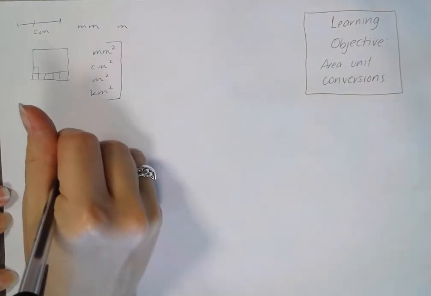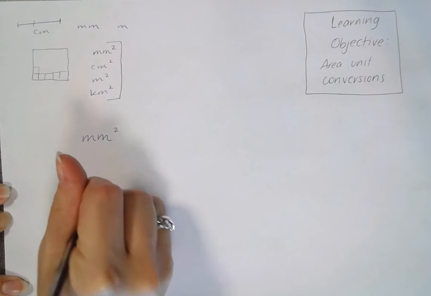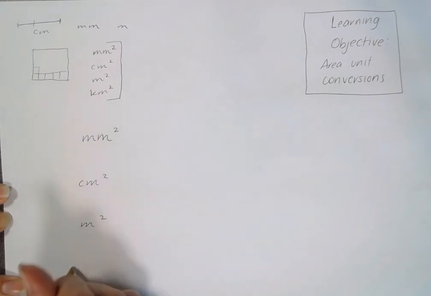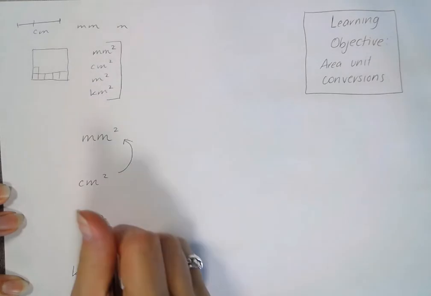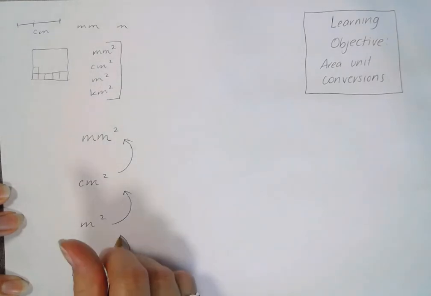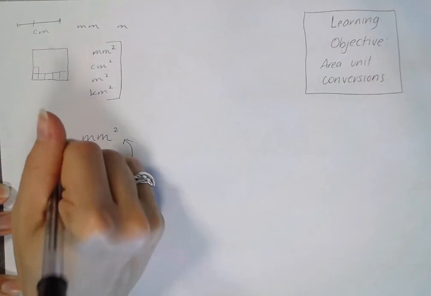Alright, so if we're going to be converting between all of our different units, we have to have one of our little tables again, and we have to think about whether we are going from a bigger unit to a smaller unit or a smaller unit to a bigger unit.